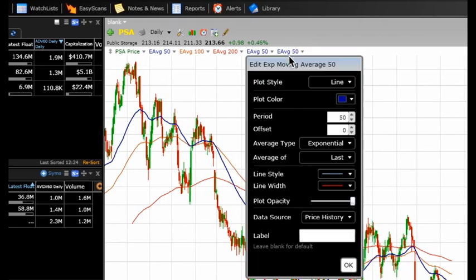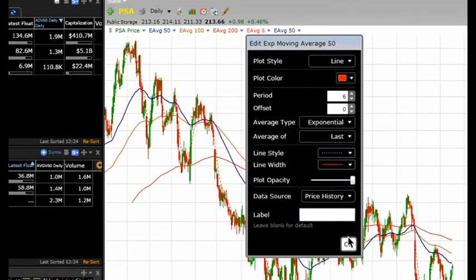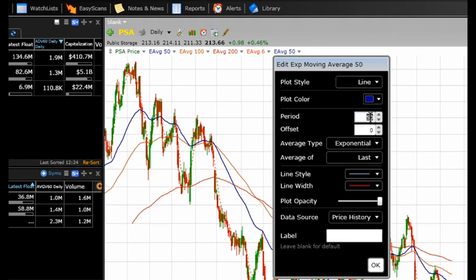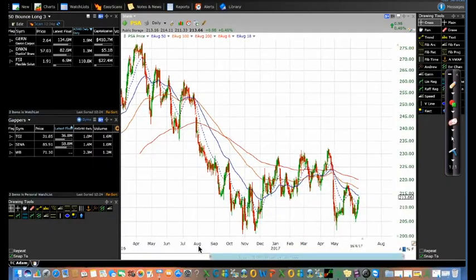So I'm going to edit it to 6 EMA. Red dotted line. And 18 would be my blue dotted line. Okay, so there we go.